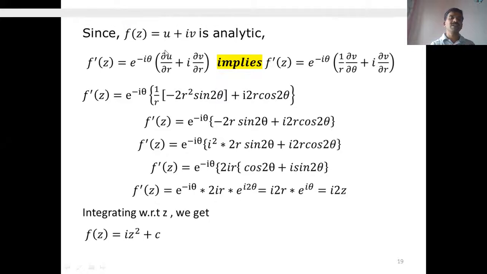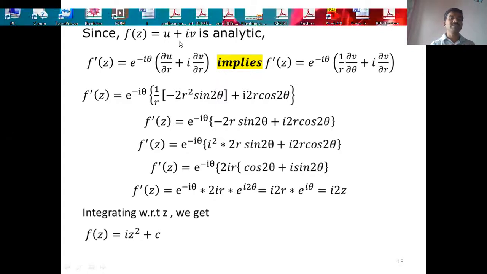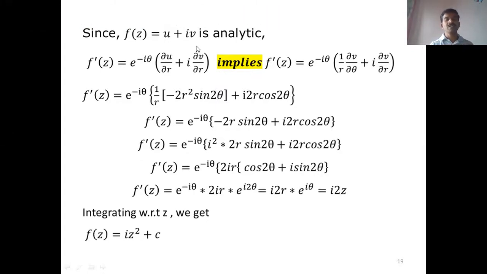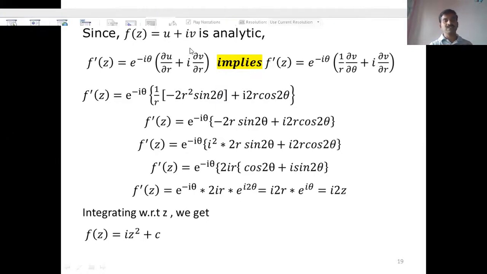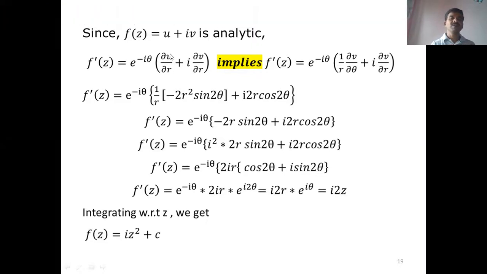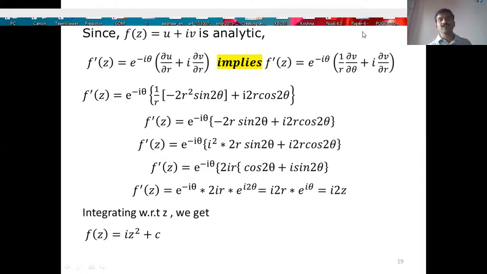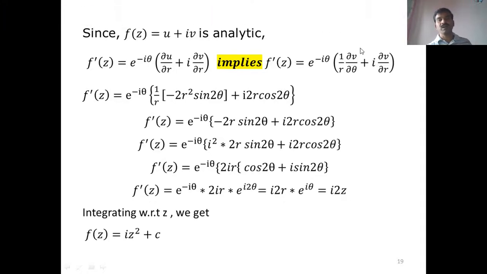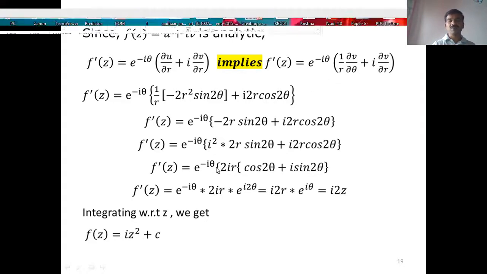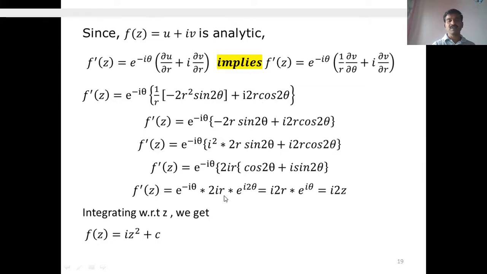Because v is given, we have the first and second derivative relations in v, so we can convert ∂u/∂r also in terms of v. That is why we took 1 over r ∂v/∂θ using the CR equation. Substituting these two derivative relations, we finally get this derivative.